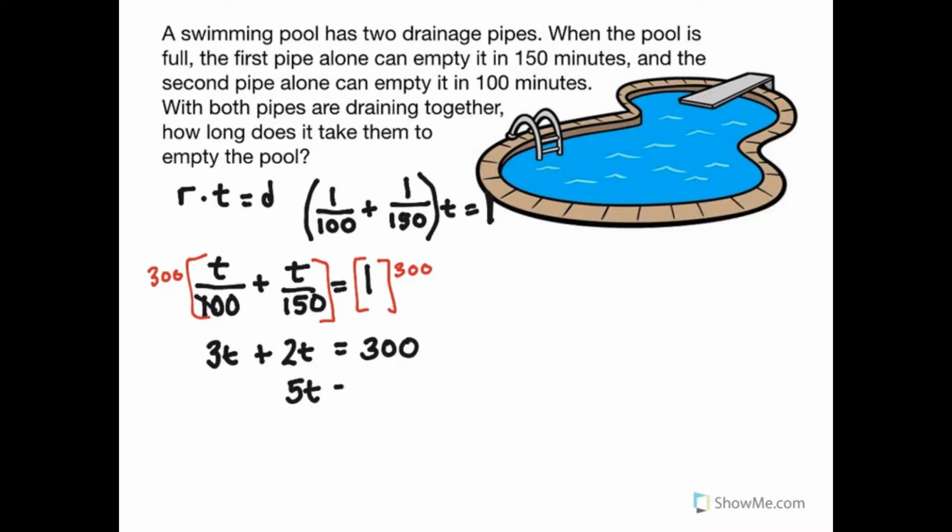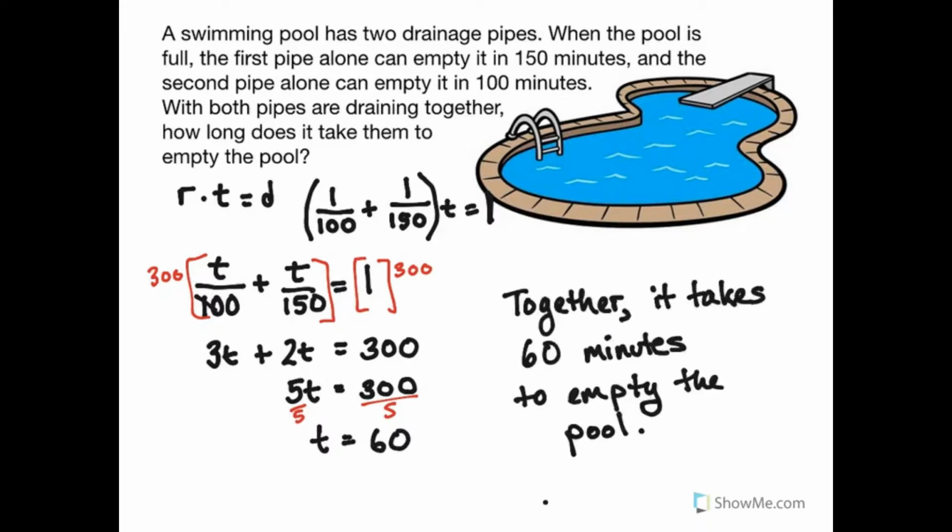So 5t equals 300, and t is equal to 60. That means together it takes 60 minutes to empty the pool, because t stood for time in minutes. Notice that the result is less than both of the two times.